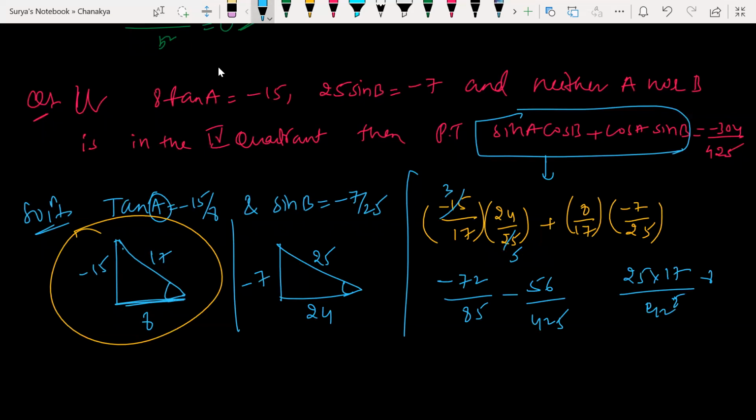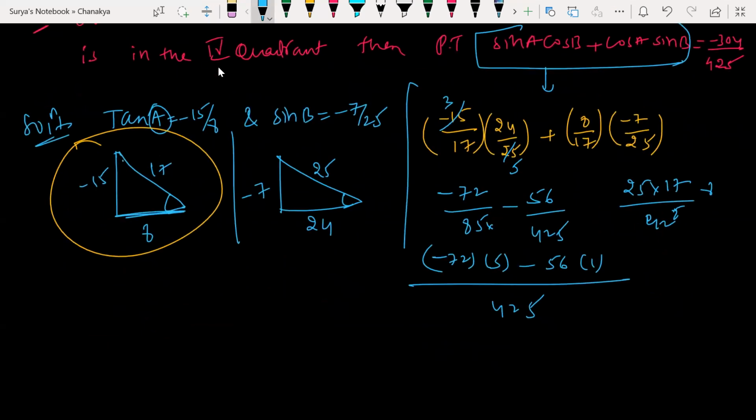So what is the LCM? 425 itself. 425 by 85 is 5, so 72 into 5 minus 56 into 1, divided by 425. Clear? 72 times 5 is 360 by 425.